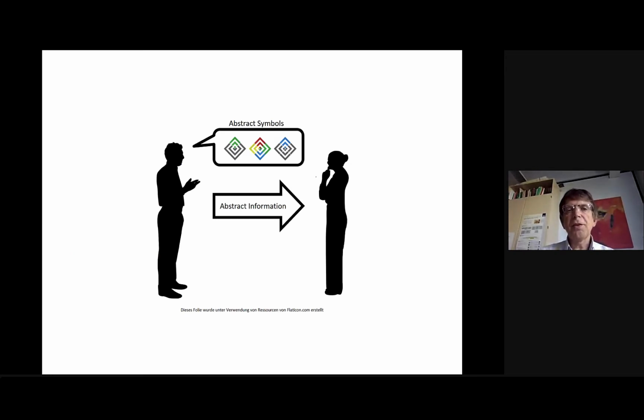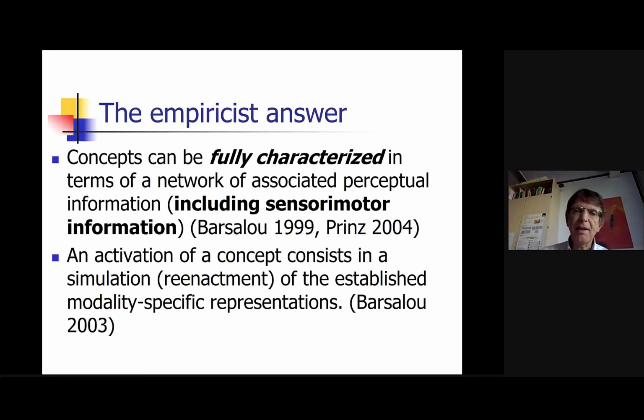So the first position is that if we have a certain package of epistemic abilities, and we would like to speak about conceptual representations, what is their nature? Are they abstract symbols? I think no, because we have much more evidence for the empiricist answer.